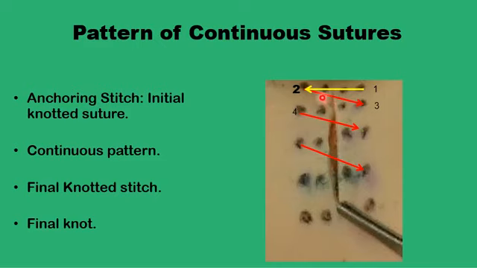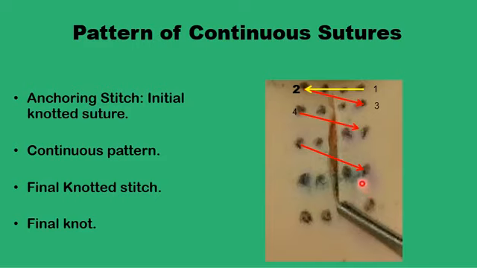The continuous pattern can sometimes be a vertical matrix pattern with 4 punctures at each level, or it can be a horizontal matrix configuration with 2 punctures at each level. The direction in which the needle crosses the wound, either on top of the surface or underneath the surface, would also vary to produce different functions like eversion or inversion.